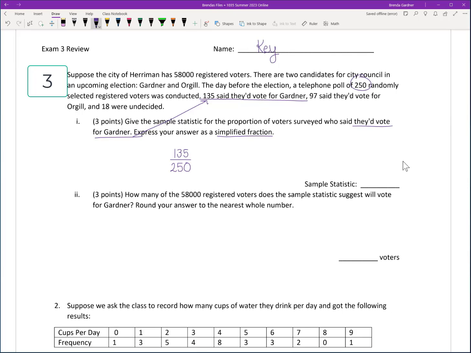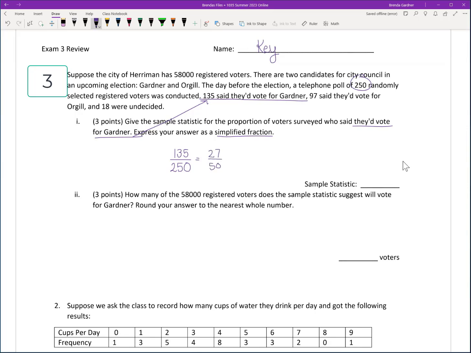It does ask you to write this as a simplified fraction. So if you have a calculator that will simplify your fraction, you're going to put 135 over 250, and that's going to give me 27 over 50.